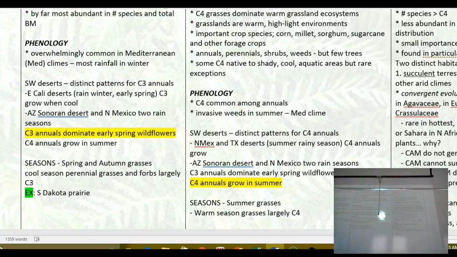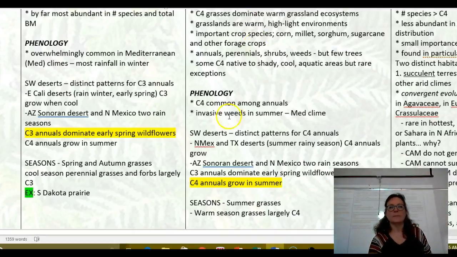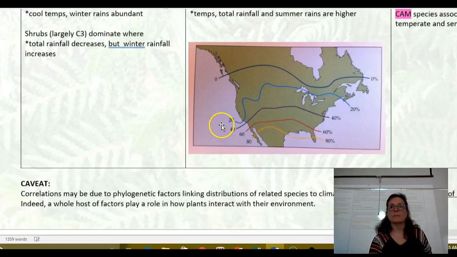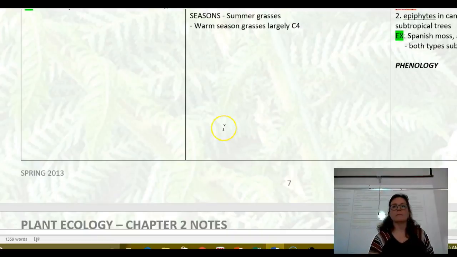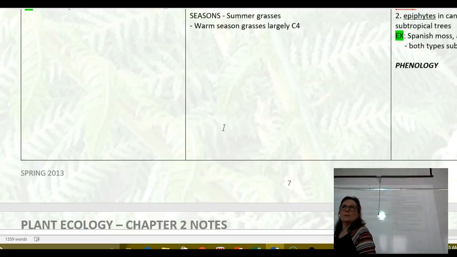And over here, I want you to see, is there any phenology that you can see for our last category? CAM? Anything for CAM?